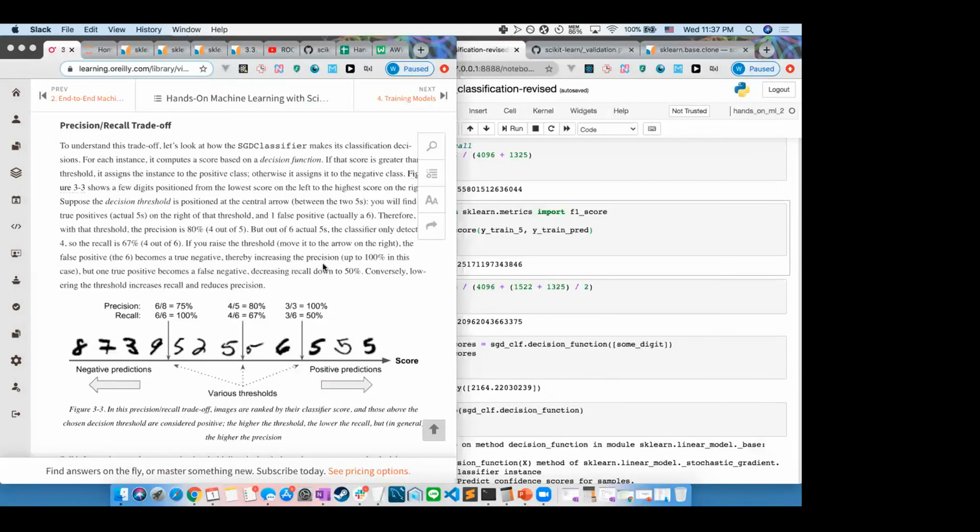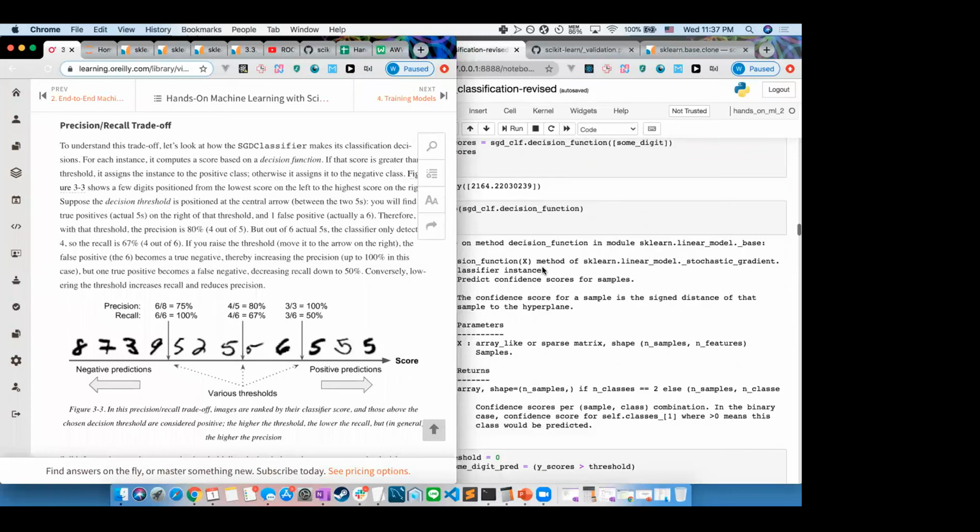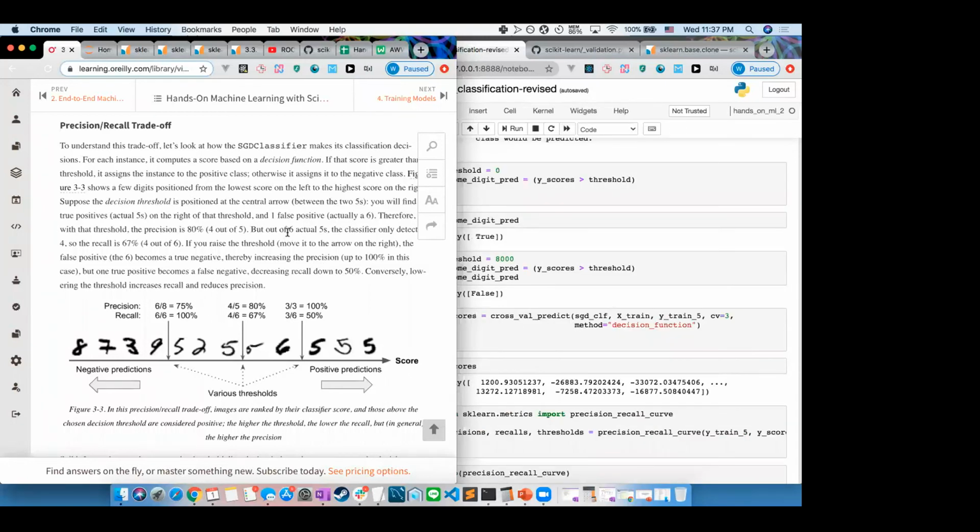Okay, so let's keep going. Precision recall trade-off. To understand this trade-off, let's look at how the SGD classifier makes its classification decisions. For each instance, it computes a score based on the decision function. If that score is greater than the threshold, so this is where he introduced the concept of threshold, because you always want to set a threshold to actually predict the class.